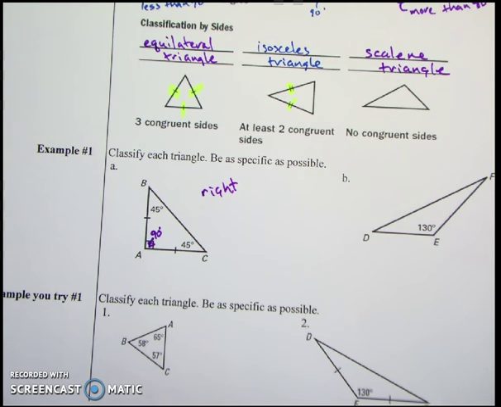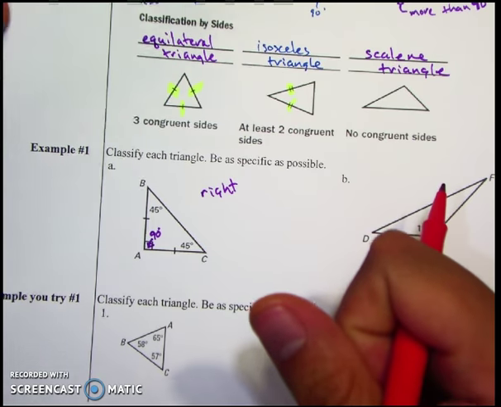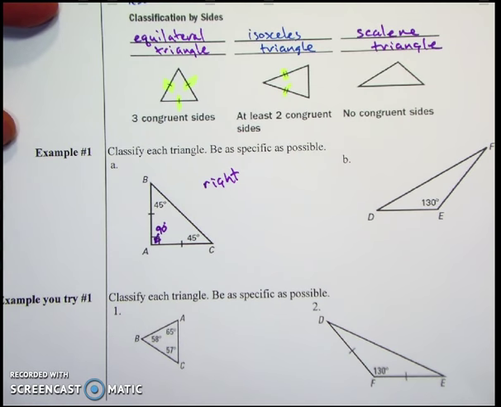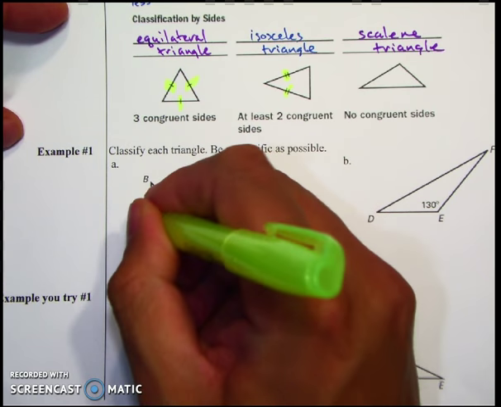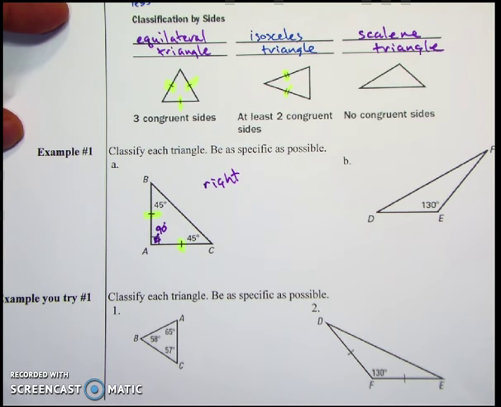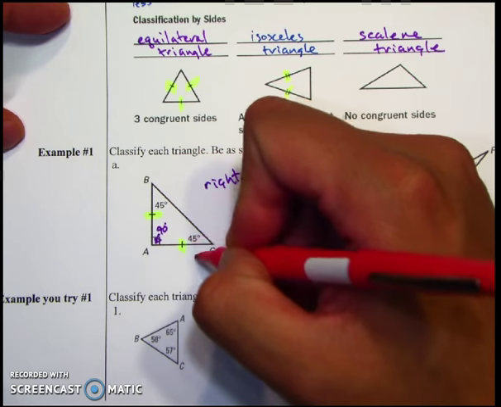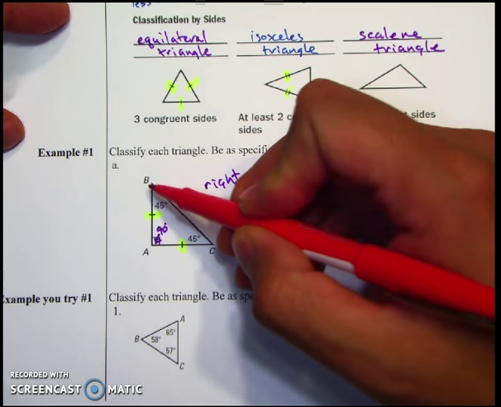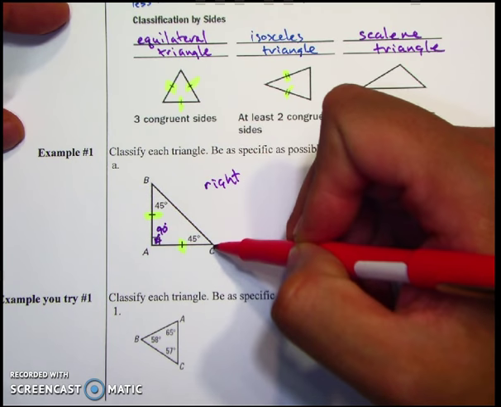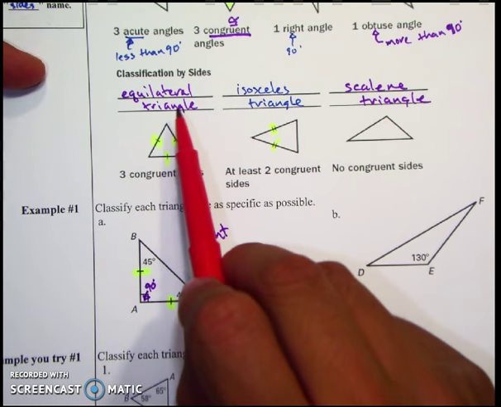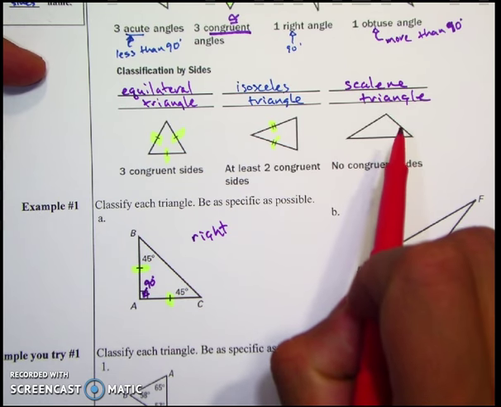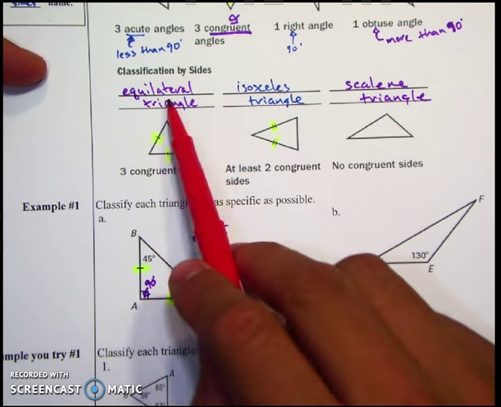Now let's take a look at the next one. After we name the angle, we name the size. Notice that on this side there are two tick marks right here. That means these two sides are the same. Segment AB is the same as segment AC. If these two sides are the same, then which one will it be? Is it isosceles or scalene?